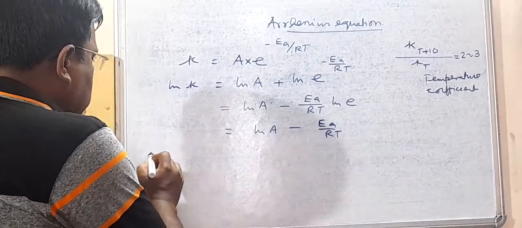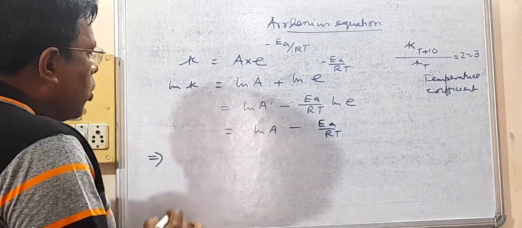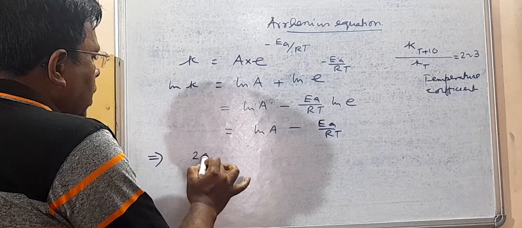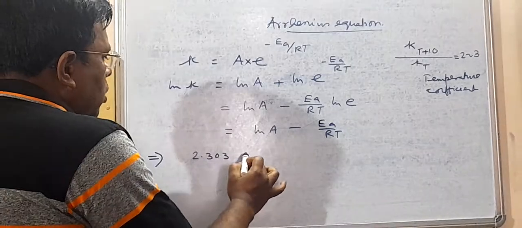Now let us make it a common logarithm. We have to multiply by a factor of 2.303.